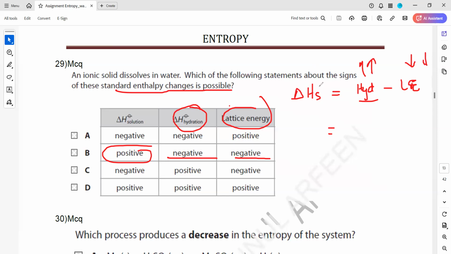But in some cases it can be positive, where lattice is higher and hydration is less. We provide that additional energy by stirring. Like when I add salt to water, it will not dissolve by itself. I have to stir. That stirring provides the additional energy we need, so we can allow the ions to spread.